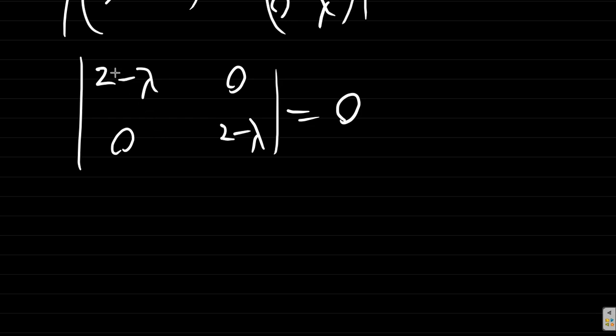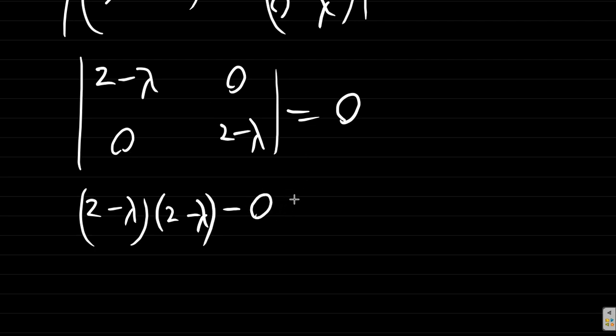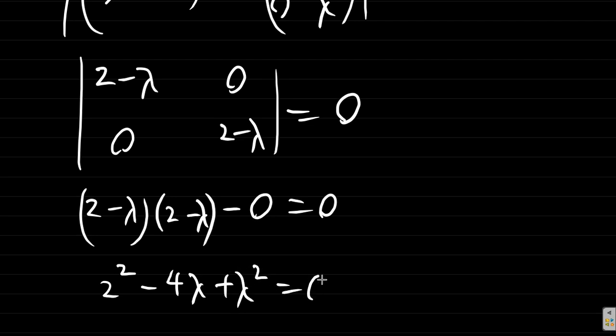Now, the determinant is 2 minus lambda times 2 minus lambda minus 0 times 0, which is 0, equals 0. Multiply out the brackets. 2 times 2 is 2 squared, minus 2 lambda is negative 4 lambda, plus lambda squared is equal to 0.